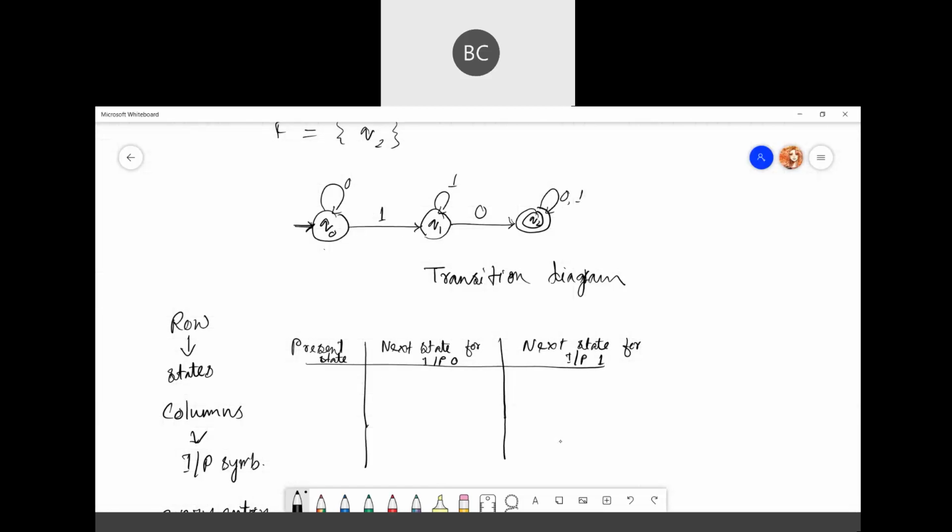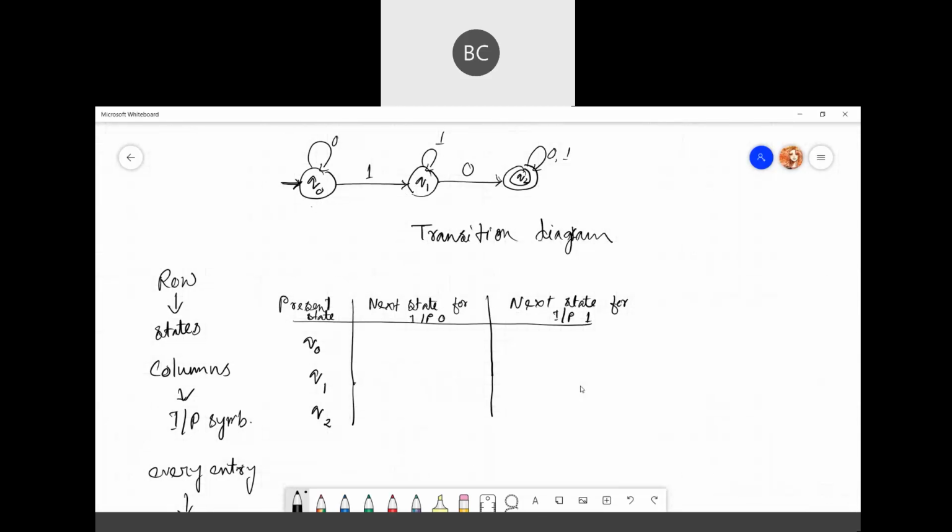So how many states are there? 3, Q0, Q1 and Q2. Correct. Here, which one is the starting? Q0 is the starting, so you also have to mention that Q0 is the starting state. And Q2 is our final state. You can represent it with a star.